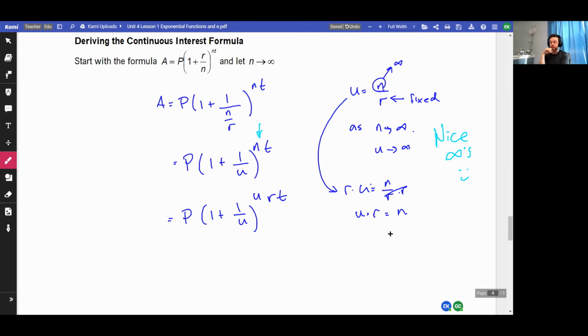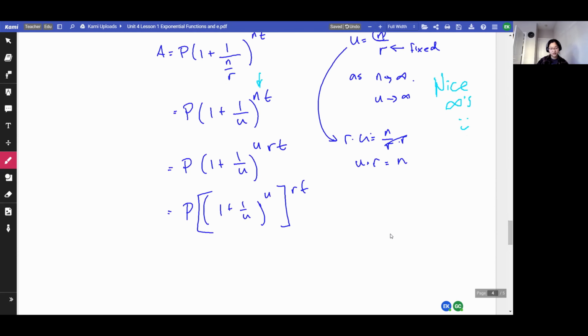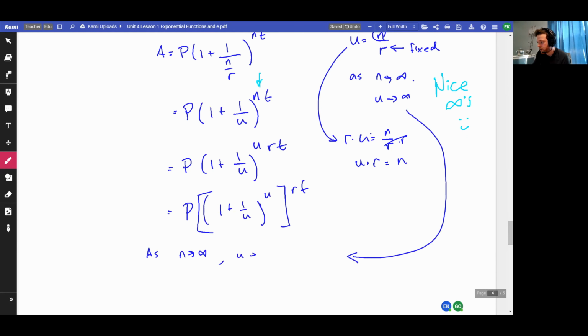Okay, so we have 1 plus 1 over U to the U. Can I kind of break off that U? Does this break any rules? Nope, not at all. Because a power to a power is totally fine for exponent rules. And so as N goes to infinity, U goes to infinity.